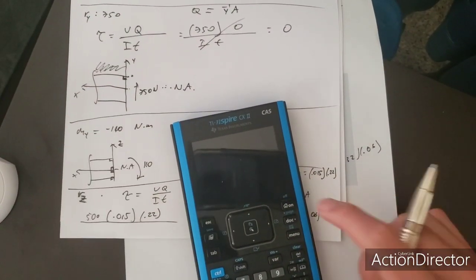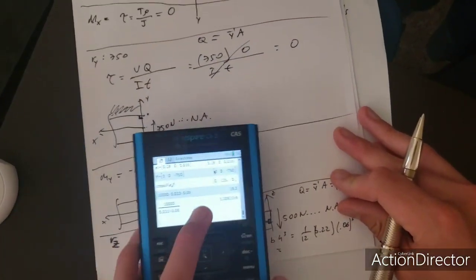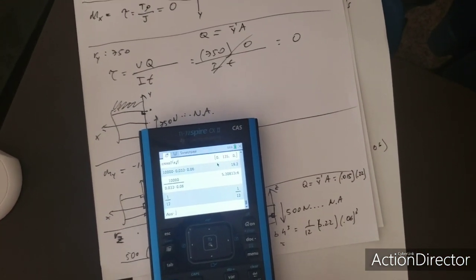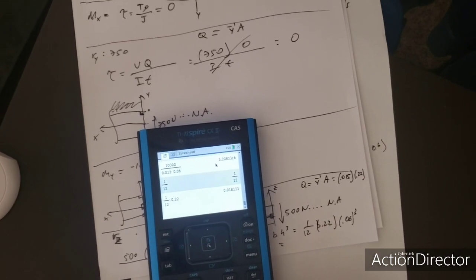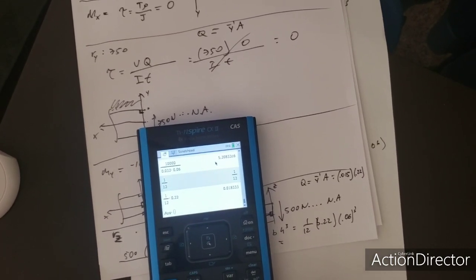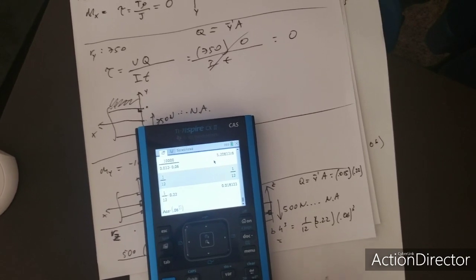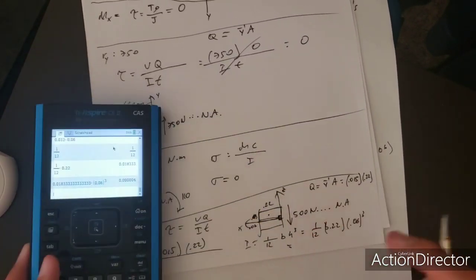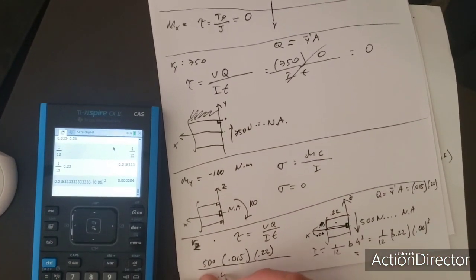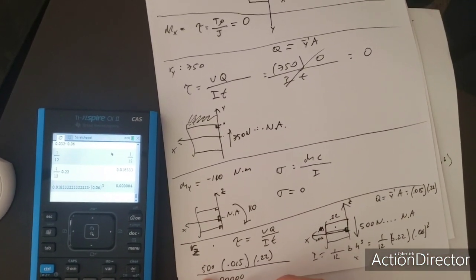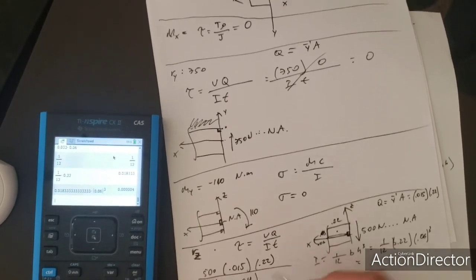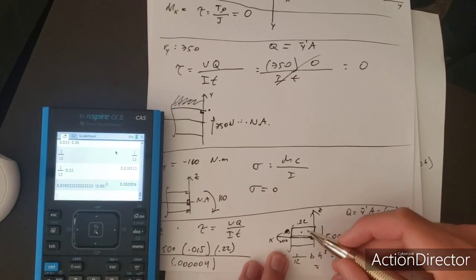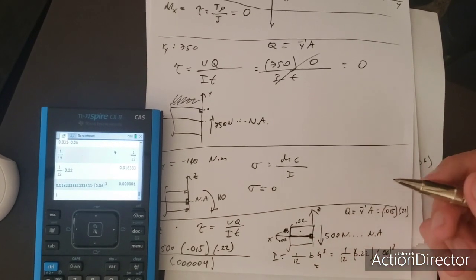Let's see, 1 divided by 12 times 0.22 times 0.06 to the third power, close the parenthesis. I get 0.000005 and so on, times the thickness, and the thickness from the neutral axis in the z direction will just be 0.03.